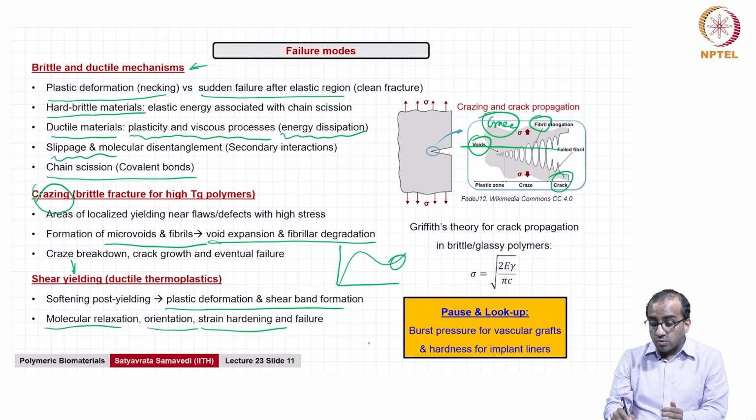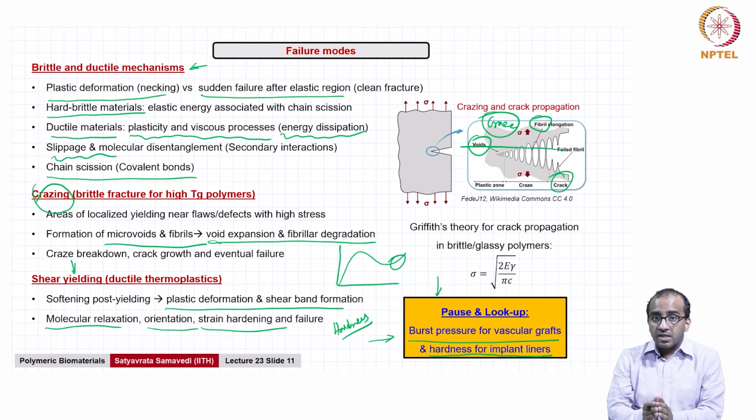I would encourage you to look at two particular modes that we have not specifically looked at, but these are relevant for clinical biomedical implants, namely burst pressure for vascular grafts and hardness for implant liners. There is what's called a hardness test. There are n number of such tests, all of which we possibly can't cover in a course like this, but the hope is you now have the base and the conceptual understanding to appreciate other kinds of specialized testing modes as and when you encounter them.